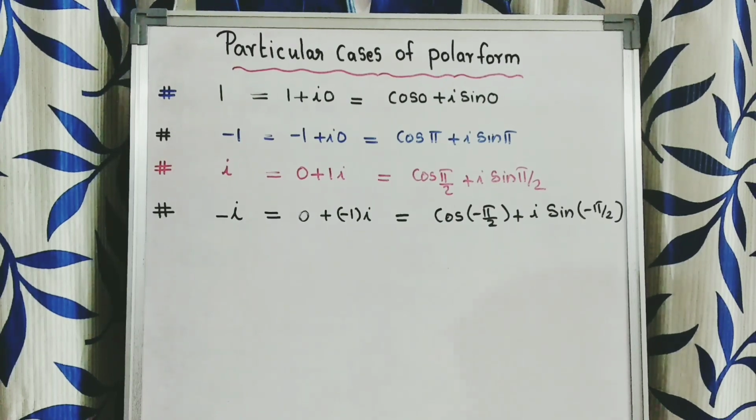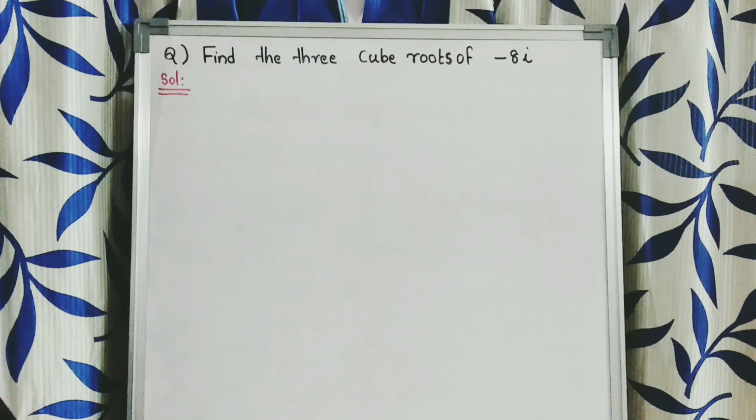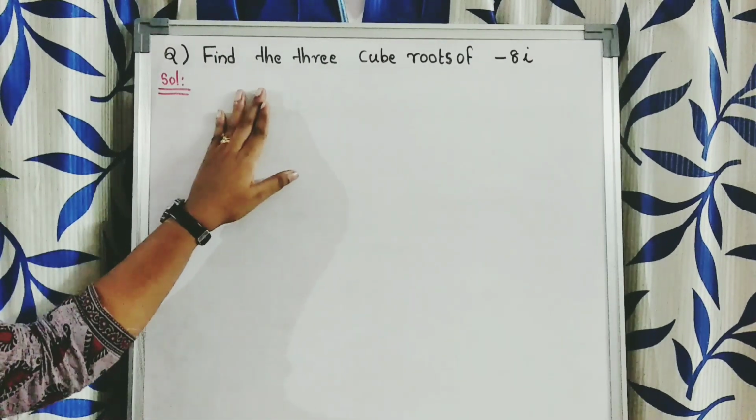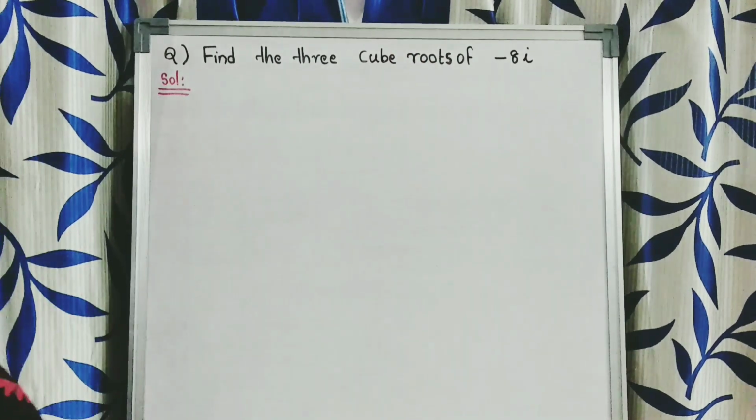Clear? First problem is, find the 3 cube roots of negative 8i. First we write negative 8i equal to 8 into negative i.